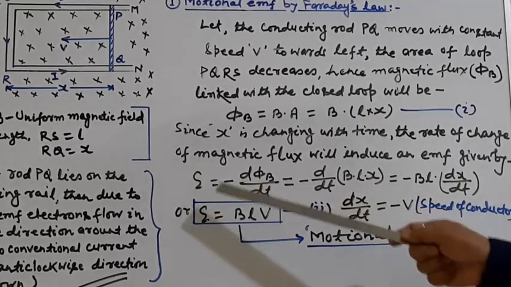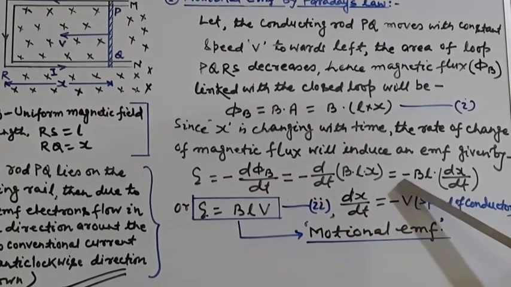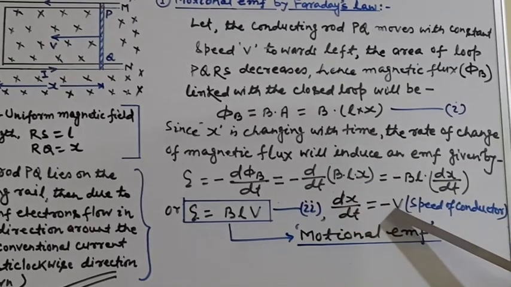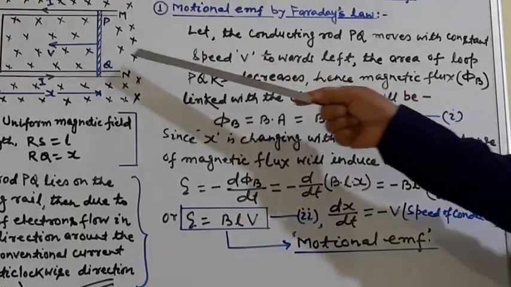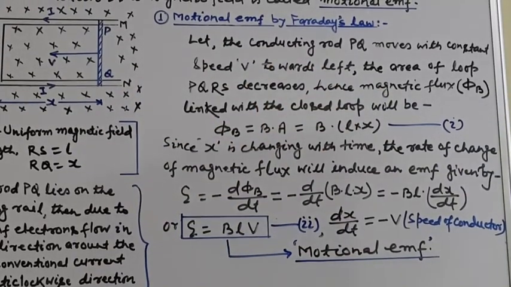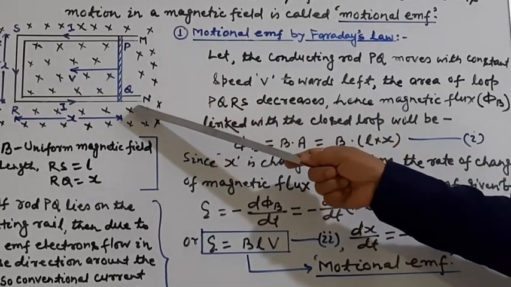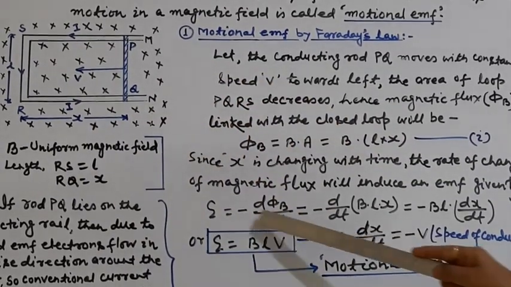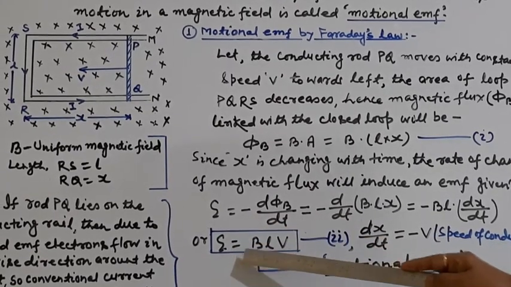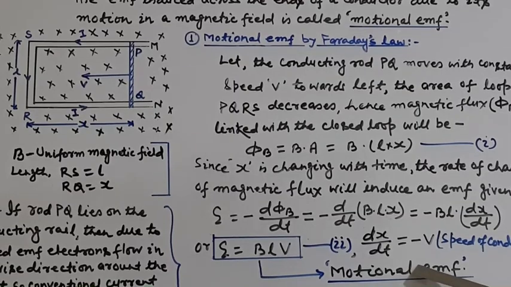So the equation becomes E is equal to BLV. The question is, what is the minus? dx by dt is equal to minus V, where V is the speed of the conductor moving towards the left. The minus is because this speed is towards decreasing the distance x. So the induced EMF is E equal to BLV. This is the expression for the motional EMF.